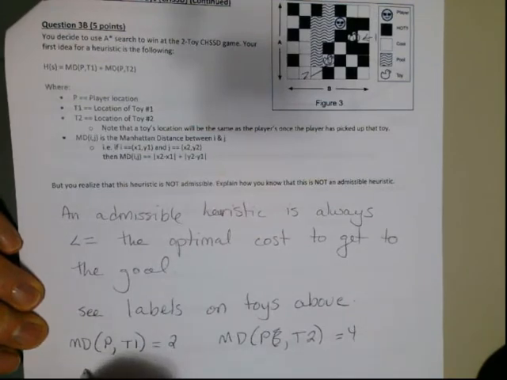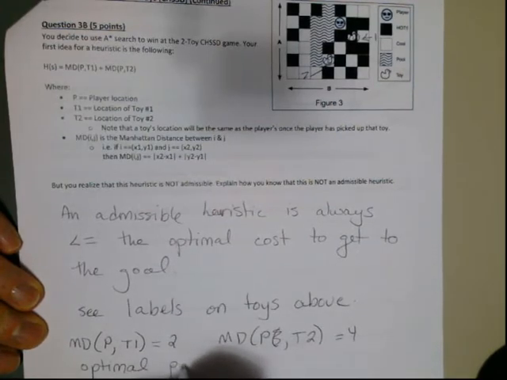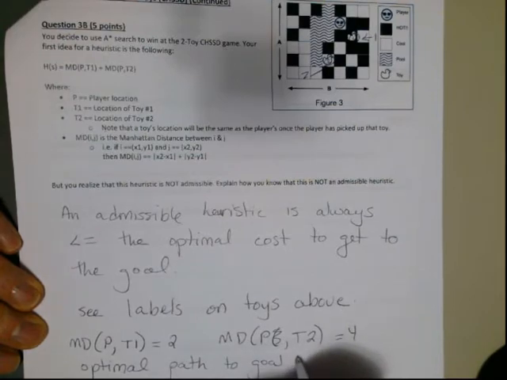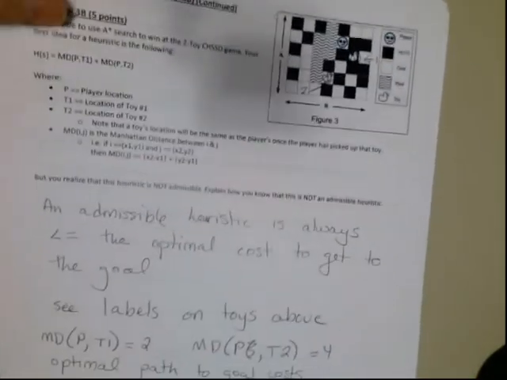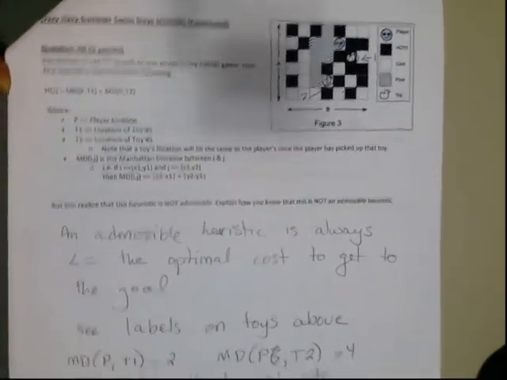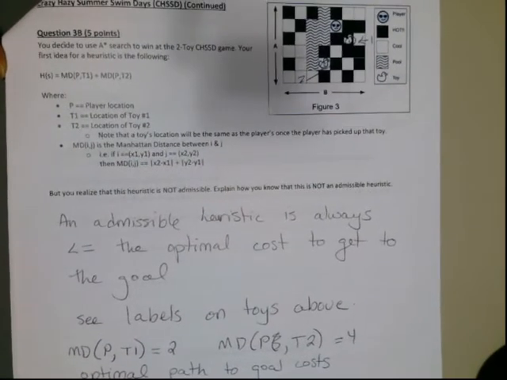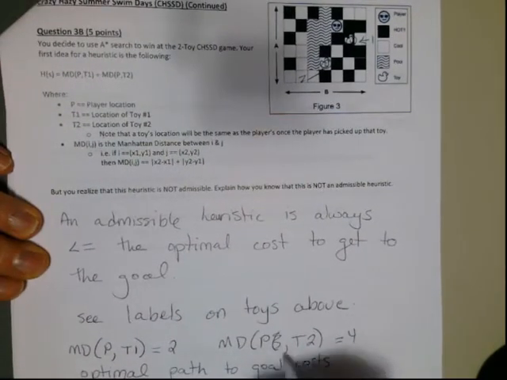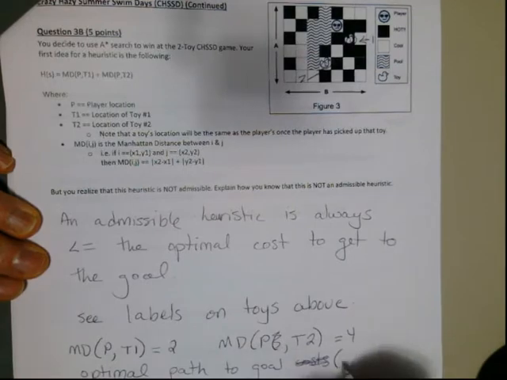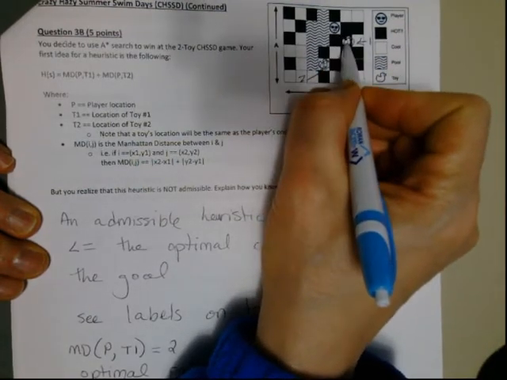But the optimal path to goal costs, and remember on problem 3, we were back to each move costing a point again, and you can go in all of those compass directions. So what have we got? The optimal path to goal, I'll just write it first, would be, first you go southeast to get this duck.